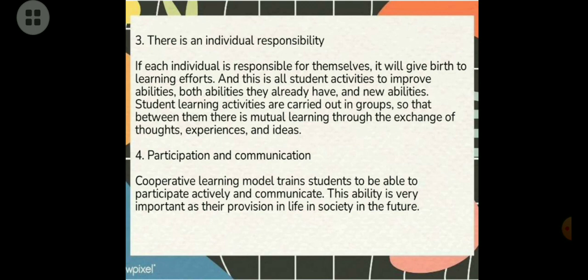Student learning activities are carried out in groups, so between them there is mutual learning through the exchange of thoughts, experience, and ideas. The fourth, participation and communication. The cooperative learning model trains students to be able to participate actively and communicate. This ability is very important as their provision in life in society in the future.